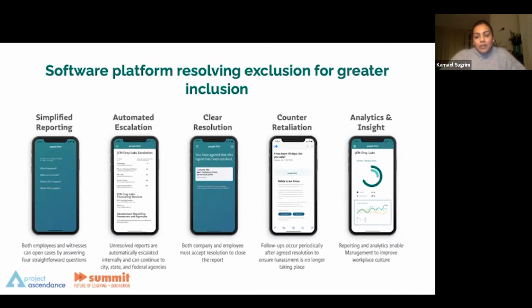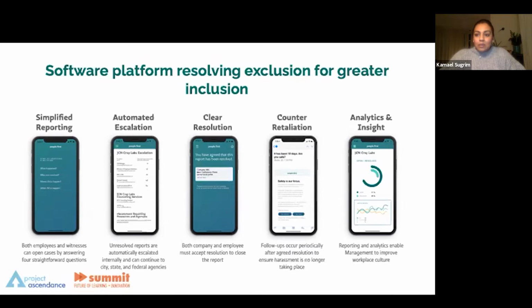We also have a very clear resolution mechanism, which allows the employee and the employer to work on resolving these incidents. I think it's really important when you have an incident of discrimination or harassment to ask the person who's being discriminated against or harassed what they want. And that's what we do in our software. Anyone that files a report states what they'd like to see happen, and that's where HR or any other entity working on the resolution begins.